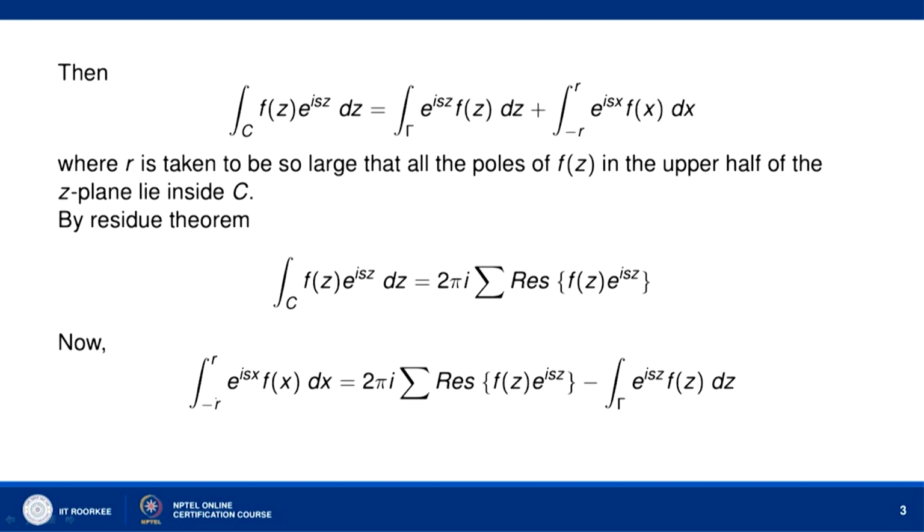Now, the integral from minus r to r of e to the power i sx f(x) dx can be written as 2 pi i times the sum of residues of f(z) e to the power i sz minus the integral over gamma of e to the power i sz f(z) dz.